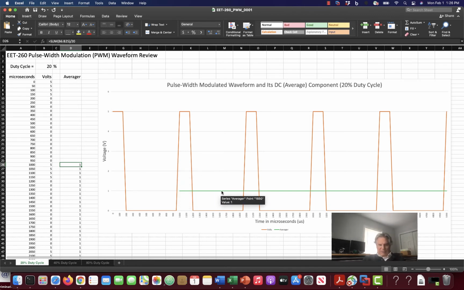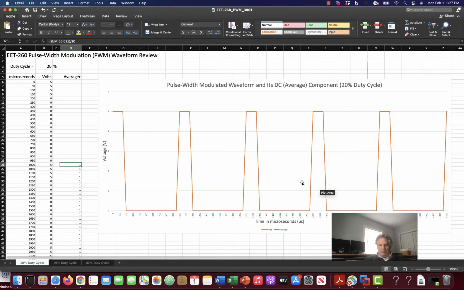Well, an averager is a great low pass filter. And so what this averager is doing as a low pass filter is allowing low frequencies through and not allowing the quick changes or the high frequencies through. So this averager is saying, all I feel when I sum up an entire cycle and divide by the number of samples in the cycle, all I feel is 1 volt.